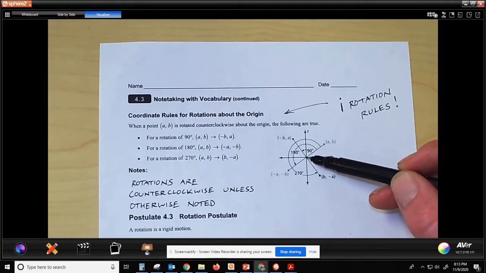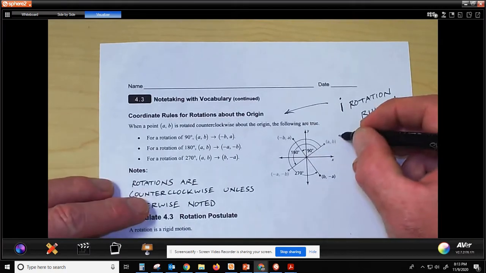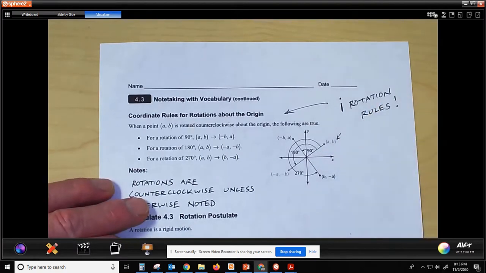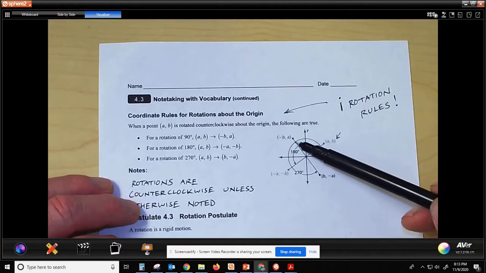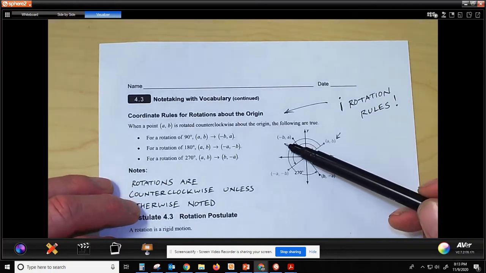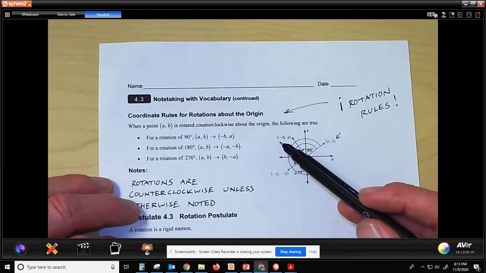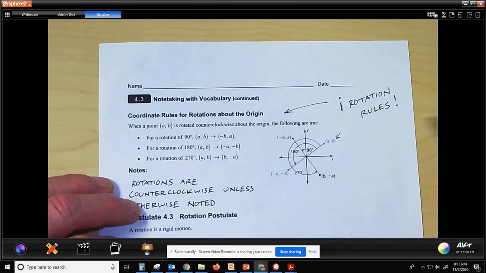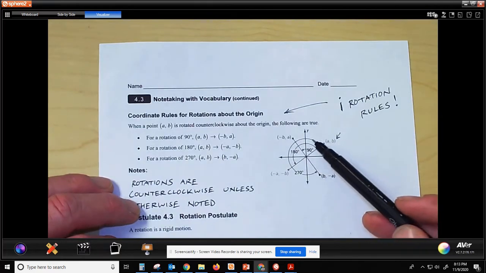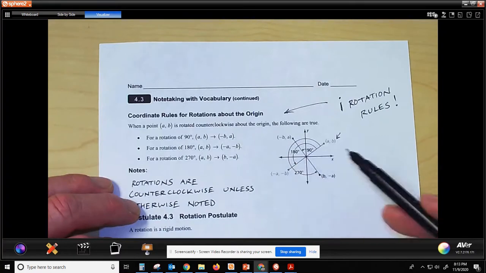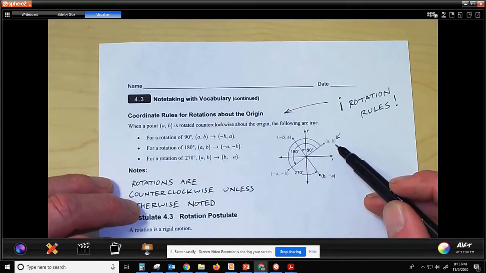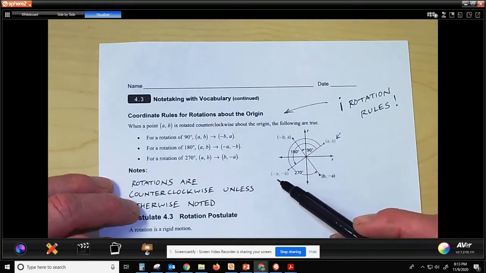If (A, B) is my original point here, a 90-degree rotation, you can use these original coordinates and transform them to (negative B, A). There's the 90-degree rotation. A 180-degree rotation takes an original coordinate and makes it (negative A, negative B).